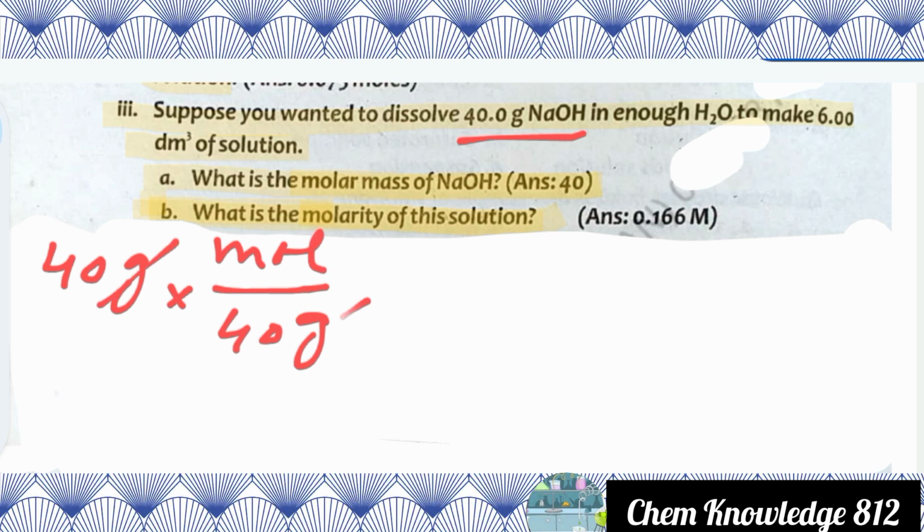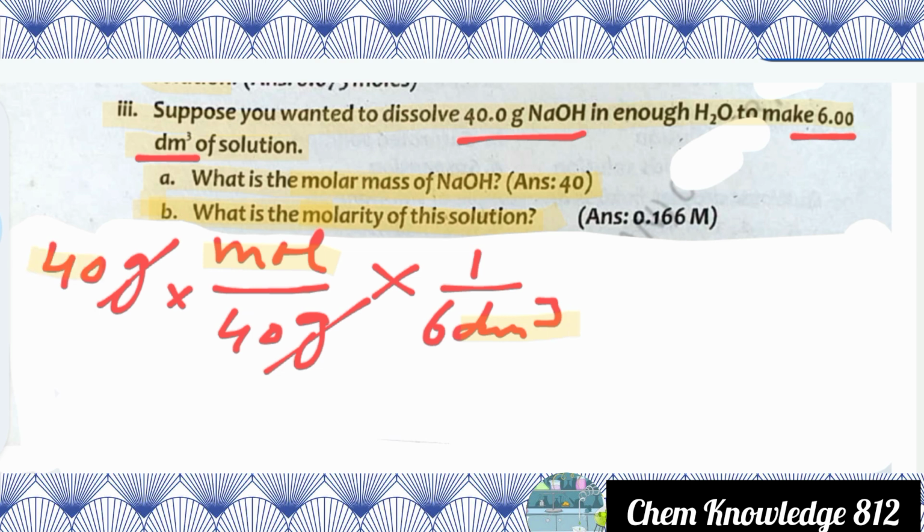So gram and gram will be cancelled, and we have volume of 6 cubic decimeter. You can say 6 liter. So from this we will get the unit mole per cubic decimeter or liter.